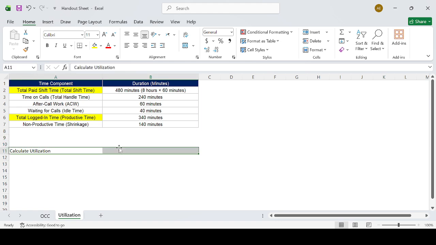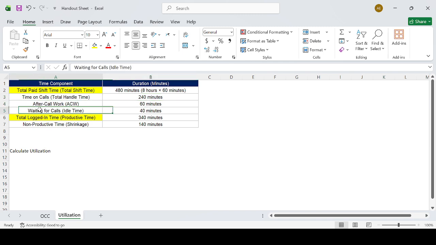It's a very simple example. We have total paid time of 480 minutes. We have time on call, which is 240 minutes. This is handling time. After call work, 60 minutes. Waiting for a call, it's 40 minutes. Total logged in time, 340 minutes. We can say that the handled time is 240.